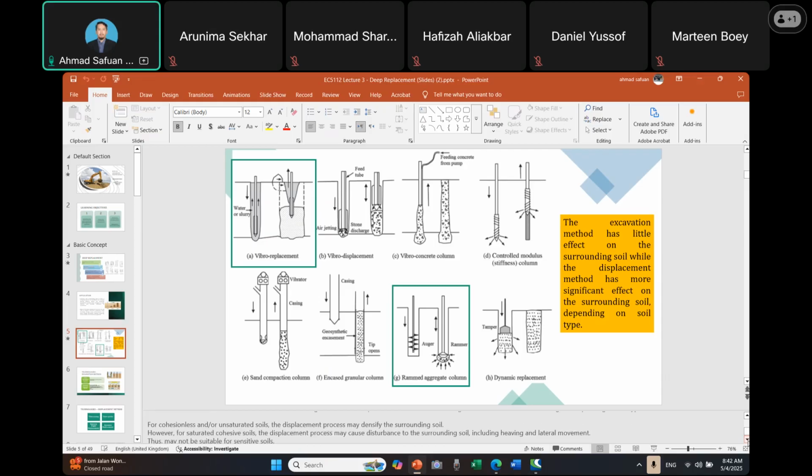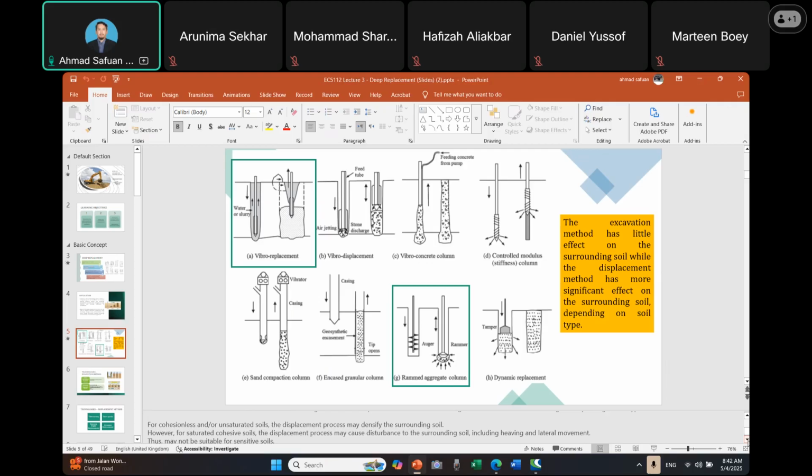For example, for cohesionless or unsaturated soil, the displacement process may densify the surrounding soil. However, for saturated cohesive soil, the displacement process may cause disturbance to the soil, including heaving and lateral movement. Those may not be suitable for sensitive soil.